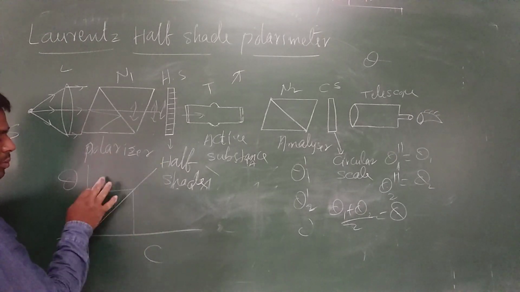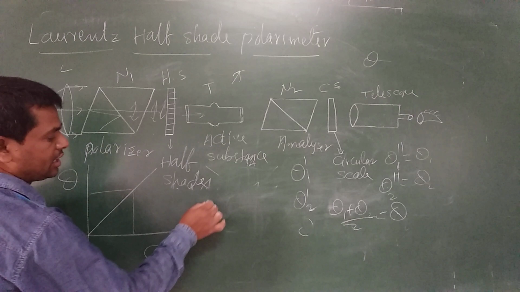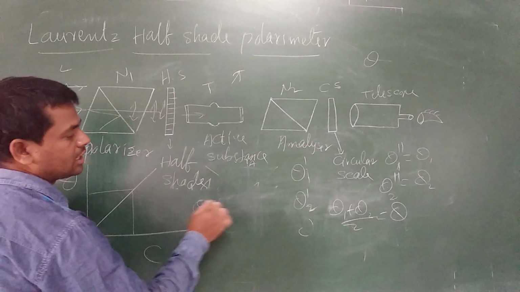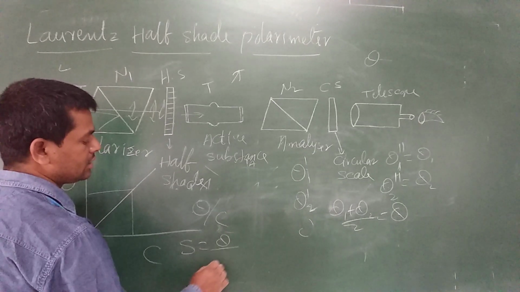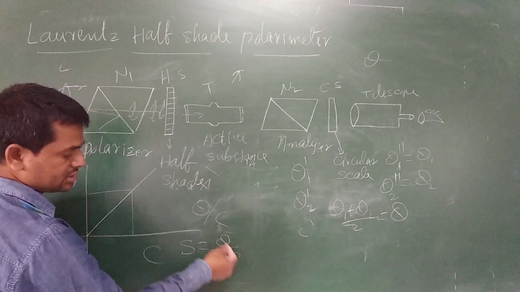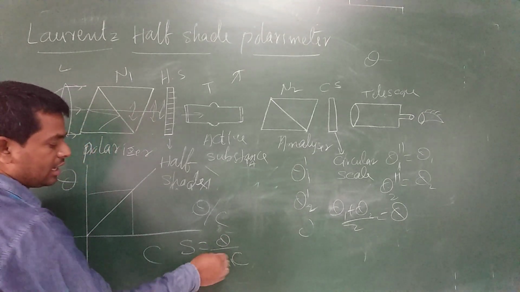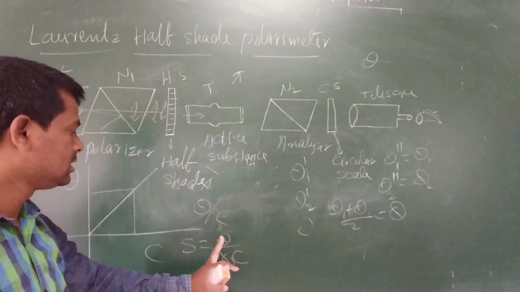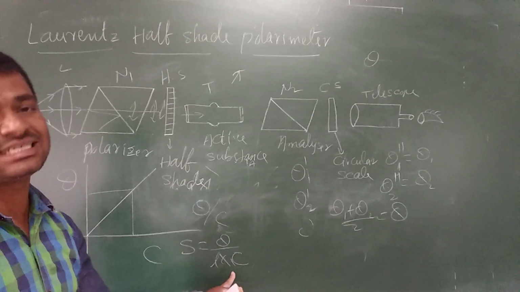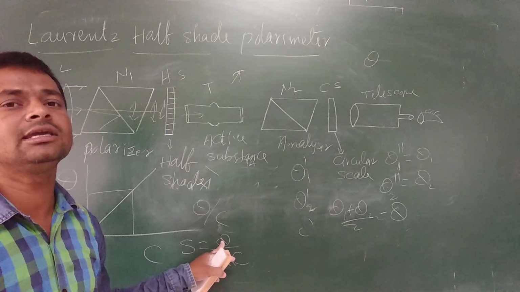Take the slope of this straight line as theta by c, and substitute in the formula S equals theta by L into c. L is the length of the tube, C is the concentration, and theta is the angular rotation.